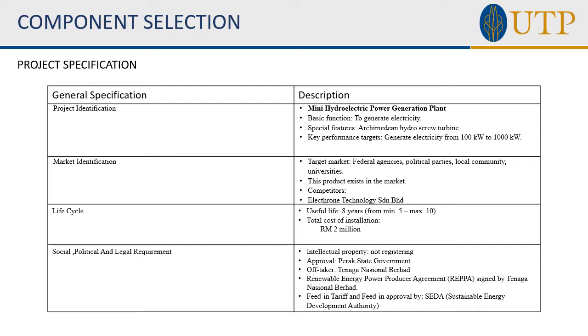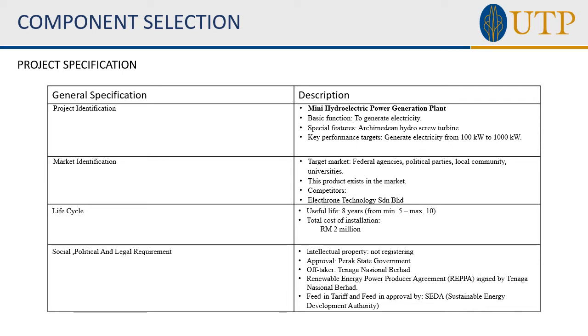And lastly, the social, political, and legal requirements for our project. The intellectual property is not registered yet. For the approval, the Perak state government has to approve our project to commission.